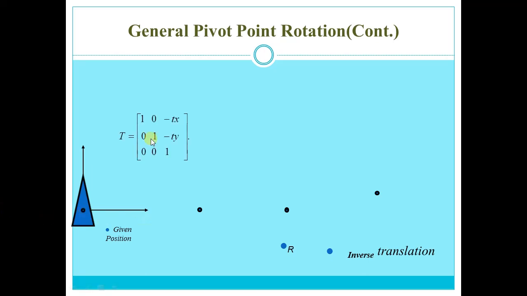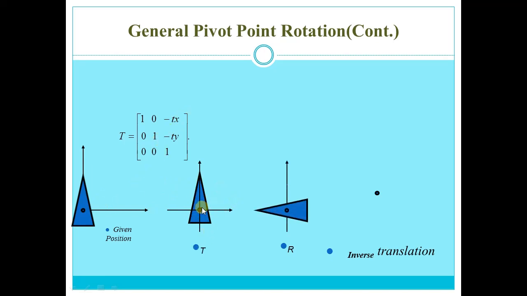Then we can apply this translation matrix. Now here we are subtracting. If you want to take this point to the origin, you have to subtract tx and subtract ty. So this point will come to the origin. After translation, we will get this type of figure.